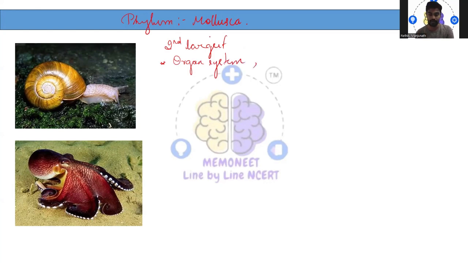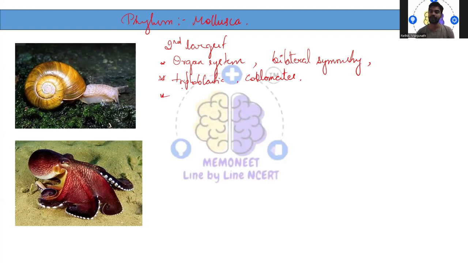After the organ system level of organization, you will also see bilateral symmetry, and they are triploblastic. They are also coelomates, which means they possess a true coelom, that is a true body cavity.